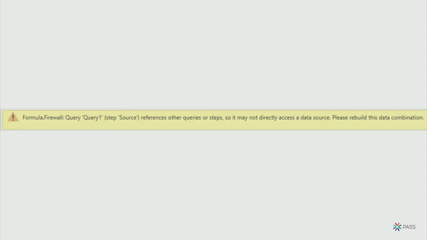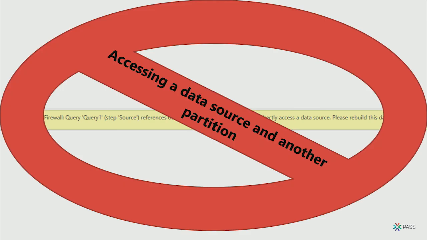It is this "step references other queries or steps, so it can't directly access a data source" error. This is the thing that strikes fear into the heart of every Power Query developer. And when you hit that error, you know that you've broken that rule of creating partitions that try to A, access a data source and B, get data from another partition.